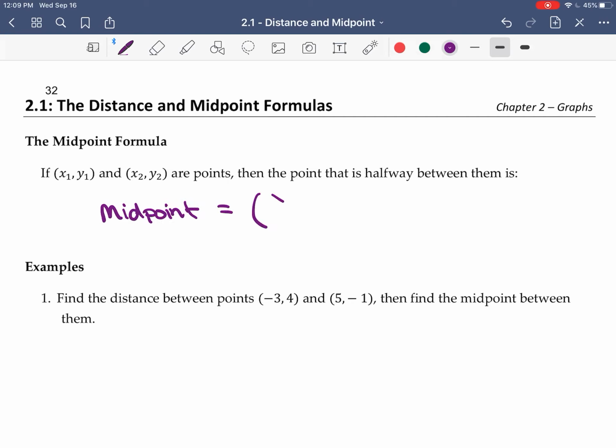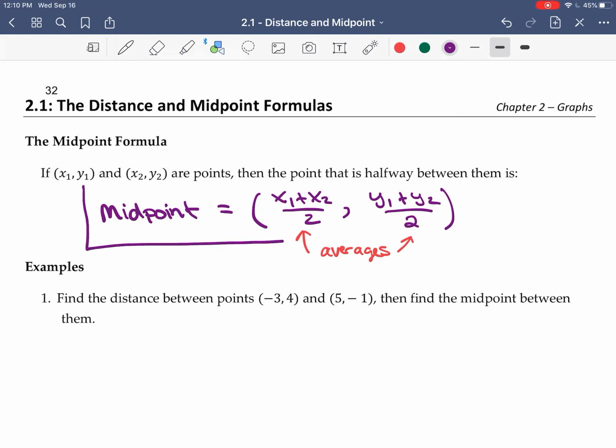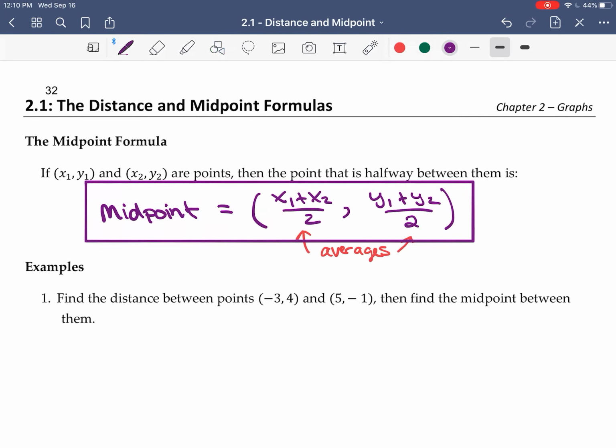And it's going to have coordinates x1 plus x2 over 2, and y1 plus y2 over 2. Okay, now this one we maybe don't need to explain as much. These are just the averages between the x values and the y values. So there is our formula for the midpoint.